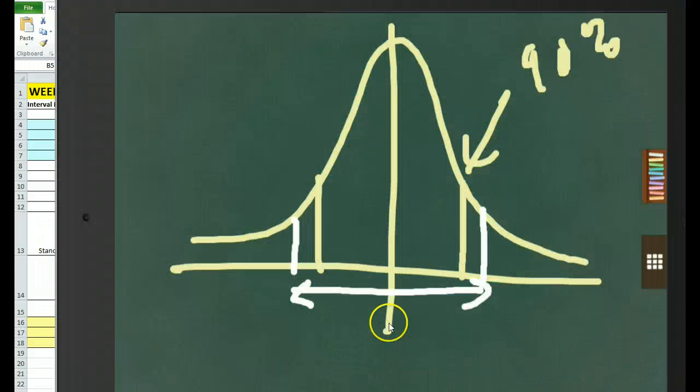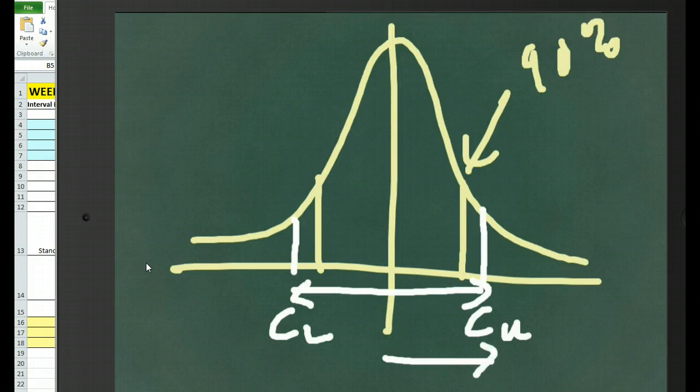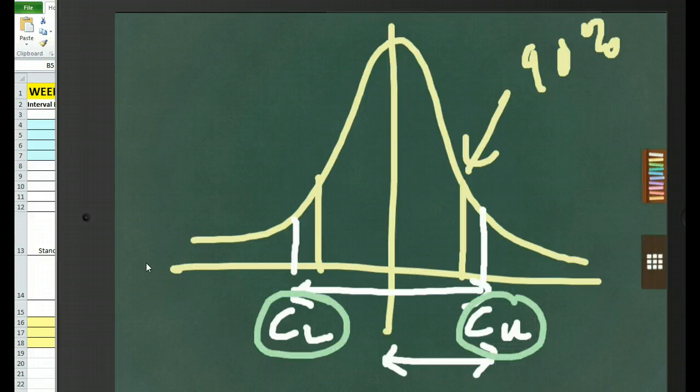And again, if your margin of error increases, your confidence upper limit and your confidence lower limit, which is what these are, will also move away from each other, so the range will become larger than it was.